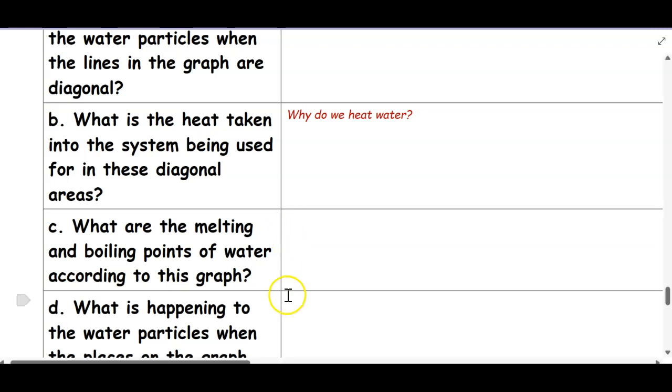All right, C. What are the melting and boiling points of water according to this graph? Remember that we use experiments to help us learn facts. One of the facts we found out is, what did the melting point of water appear to be in our experiment, and what did the boiling point of water appear to be? How did you know?